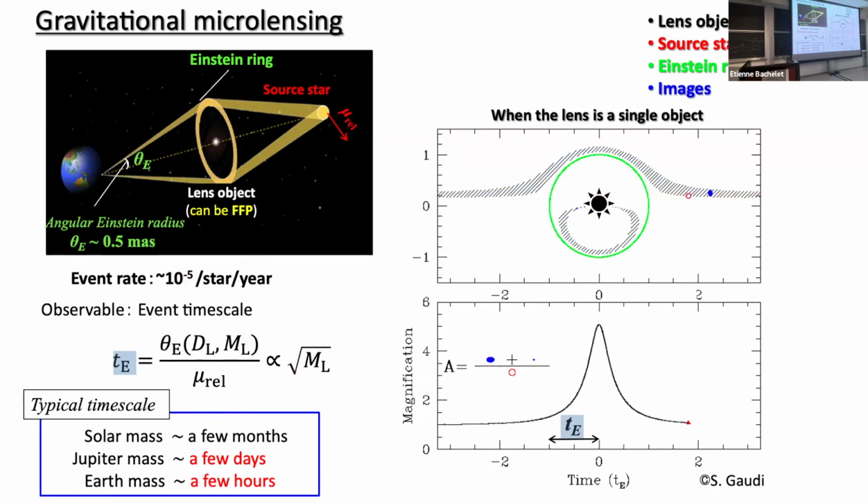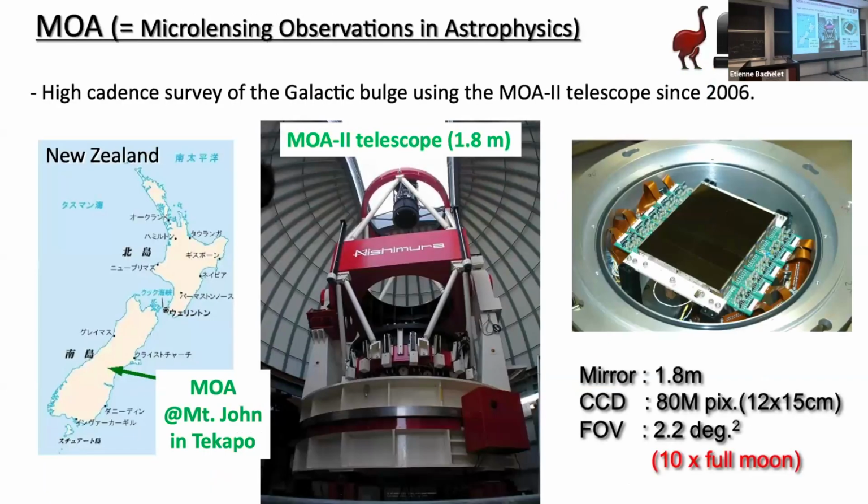To detect such a very short time scale signal, and also because microlensing is a very rare phenomenon, we have been performing a high cadence survey towards the galactic bulge using the MOA-II telescope in New Zealand since 2006. The mirror size is 1.8 meters and the field of view is 2.2 square degrees.